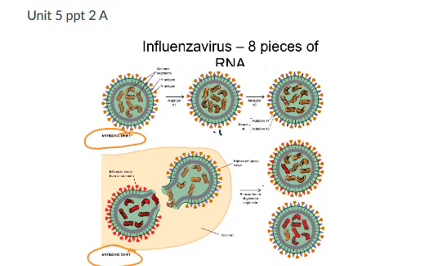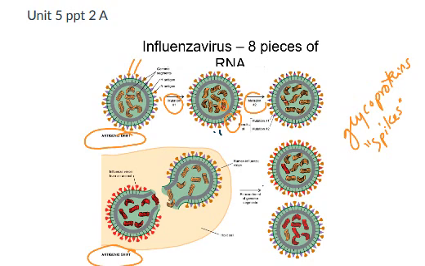If you take a look, there's all the glycoproteins, also known as spikes, that we talked about in the first part of Unit 5. And with these spikes, there's two different colors and one type of RNA in its core. After one mutation, notice the spikes have changed and there's a little bit of red in the genetic mutation or in the core.